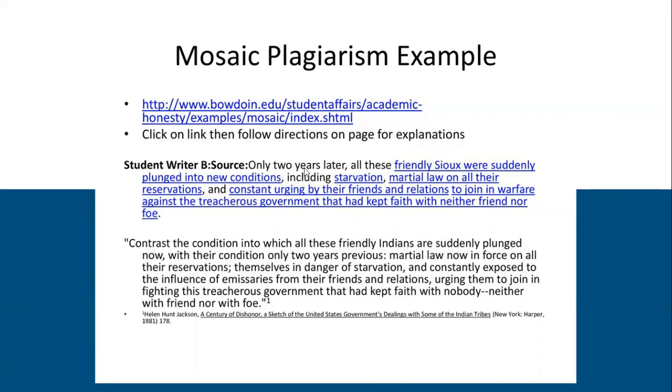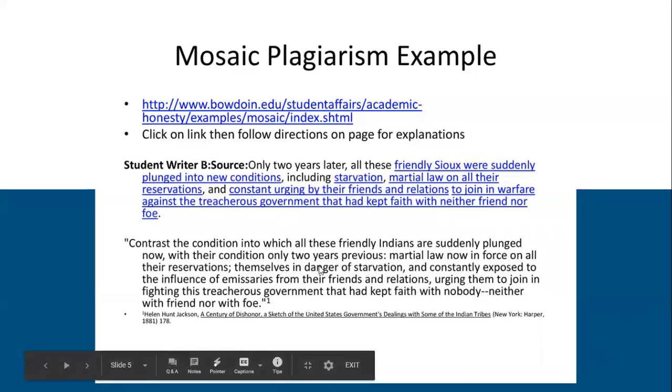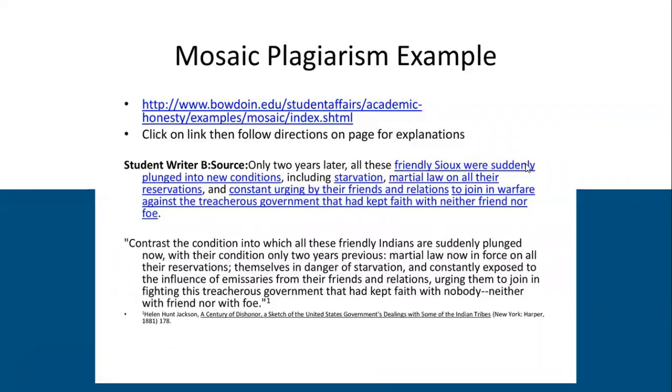This is their alleged attempt at a paraphrase of this source down here below. So you see all the parts that are underlined. Those are parts of the students' attempt at paraphrase that closely matched the original. So friendly Sioux were suddenly plunged into new conditions.